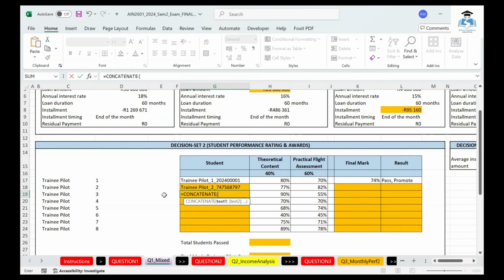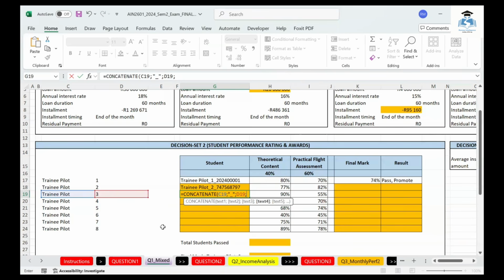In this case, I am in 3, and this is the text that I want. Remember I said when you want to write something, you put the quotes. Then the next one is this 3.